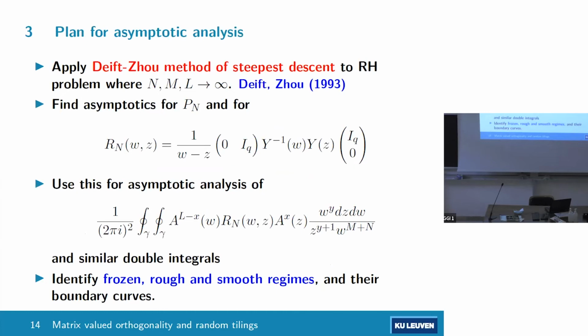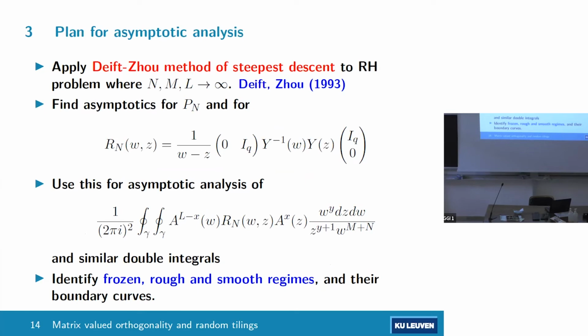So that then gives a principle, a challenge, a roadmap for how to possibly get asymptotics. What do you want to do? First of all, you want all these sizes to go to infinity, probably at some rate proportional to each other. And you want to get asymptotics for this Riemann-Hilbert problem, the Y here.